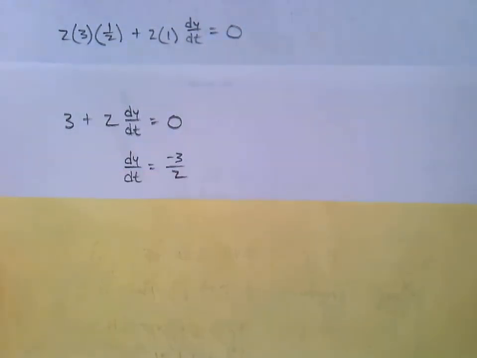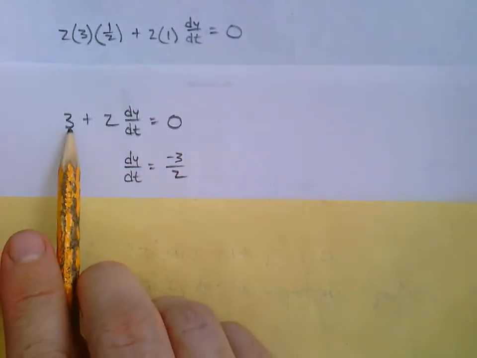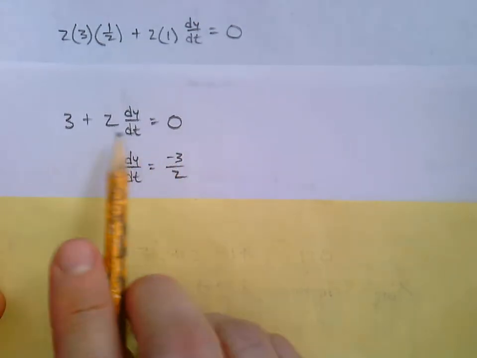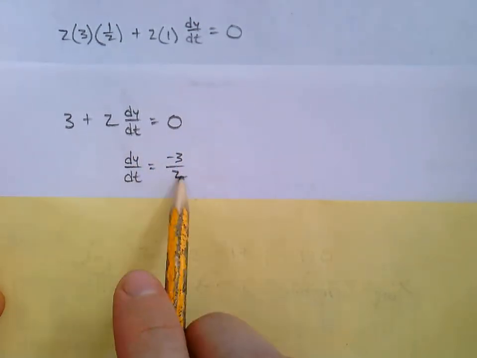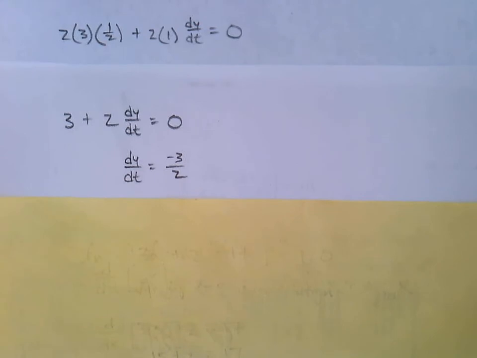And we can very quickly realize, all right, after we simplify, subtract the 3 just like you normally would, divide by 2, and dy over dt in this case equals -3 over 2. So we're solving for it like it's any other variable that you might see.